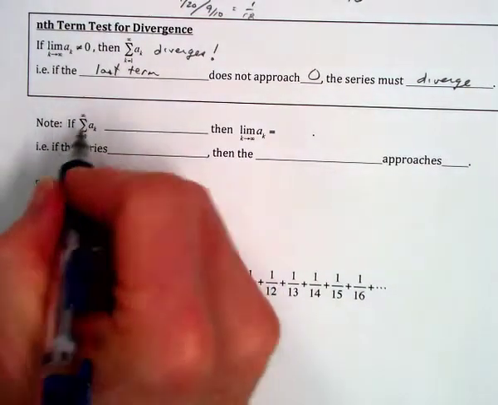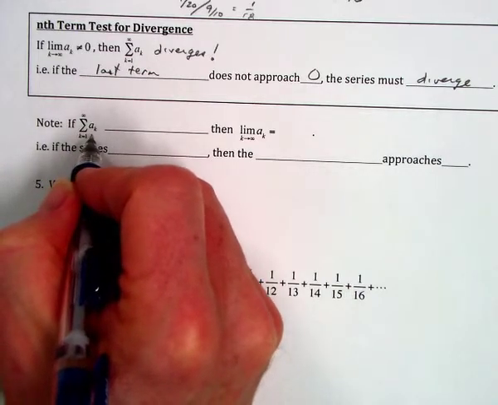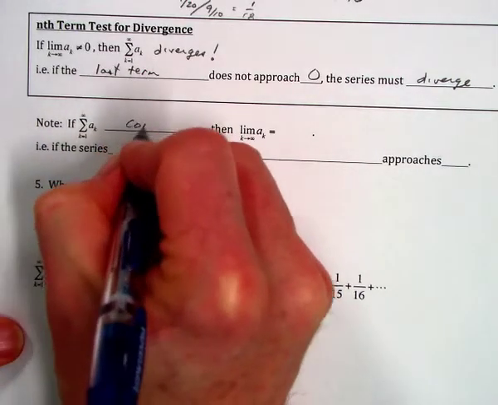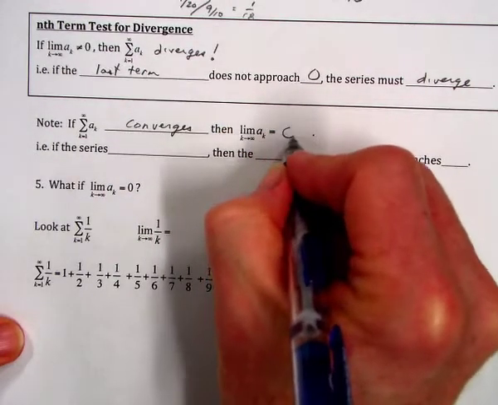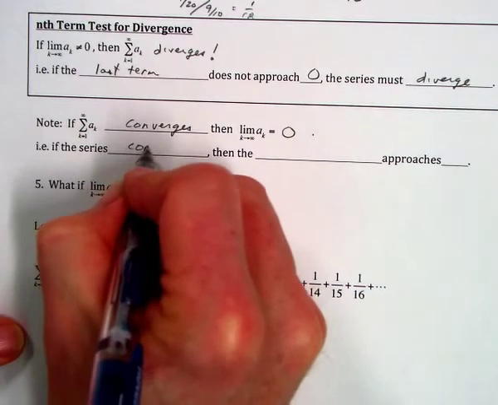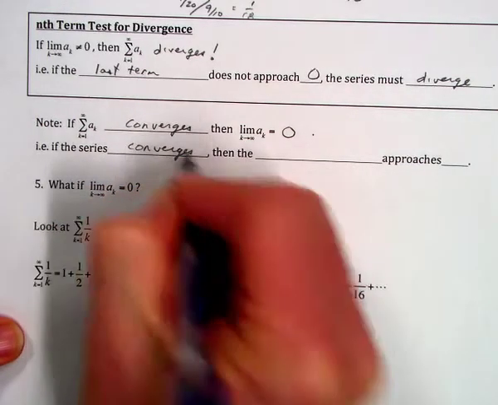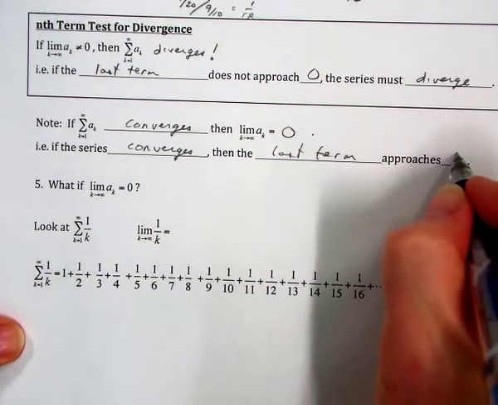All right. If the sum from k equals 1 to infinity of a sub k converges, then the limit must equal 0. So, i.e., if the series converges, then the last term approaches 0.